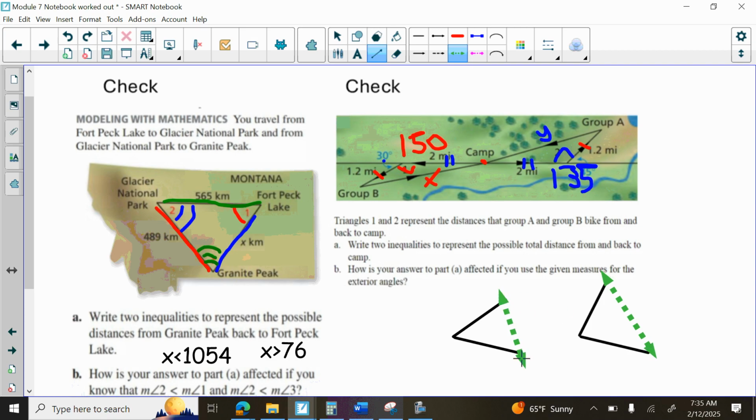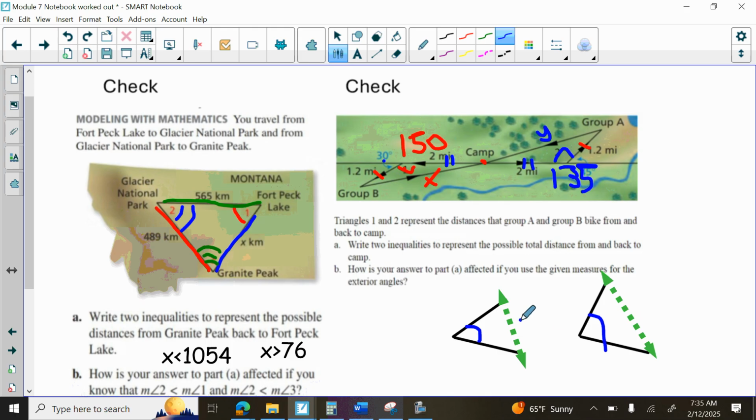How does the angle affect the distance? If this angle is smaller than this angle, what do we know about this distance and that distance?